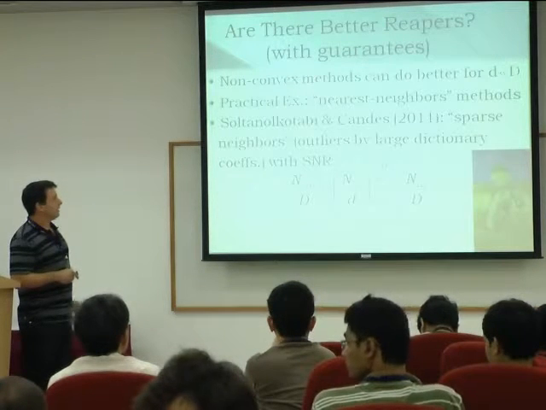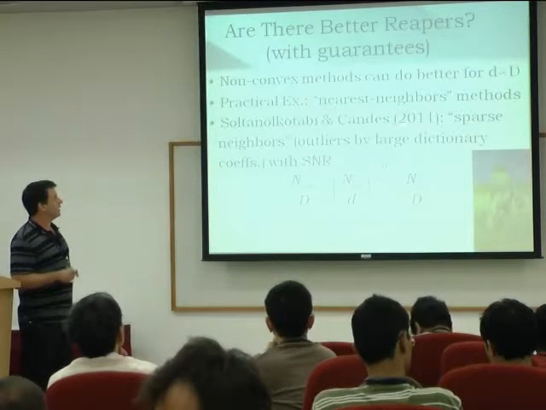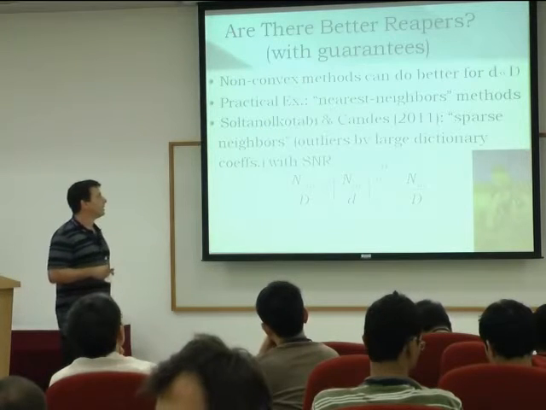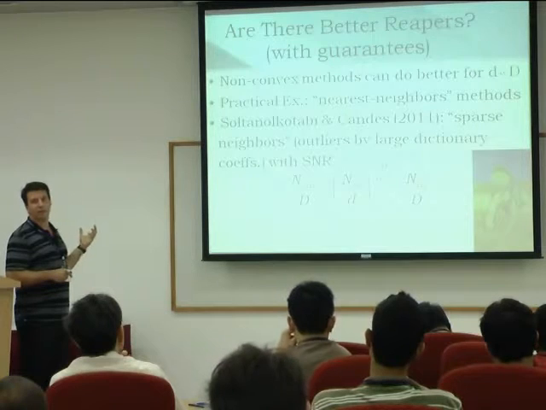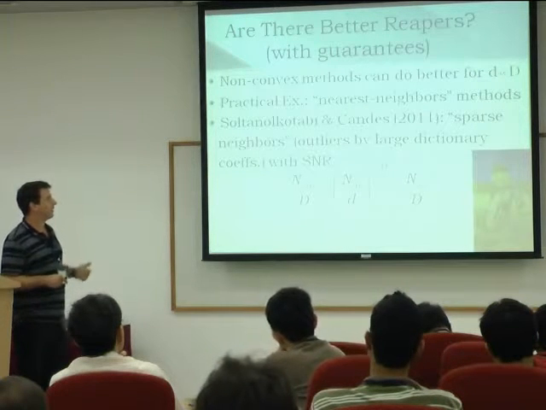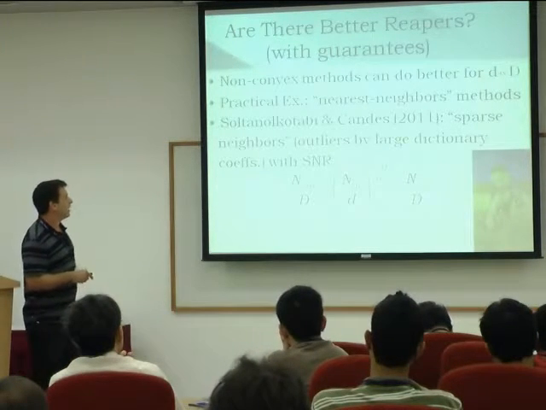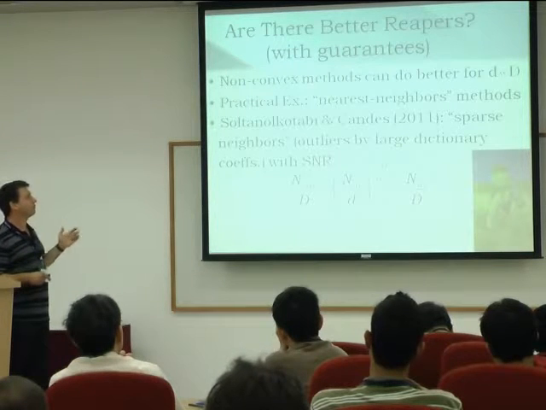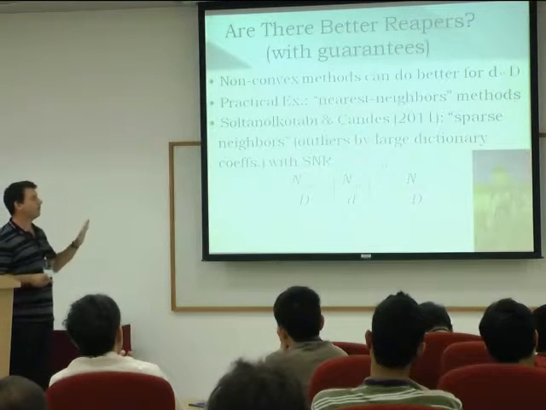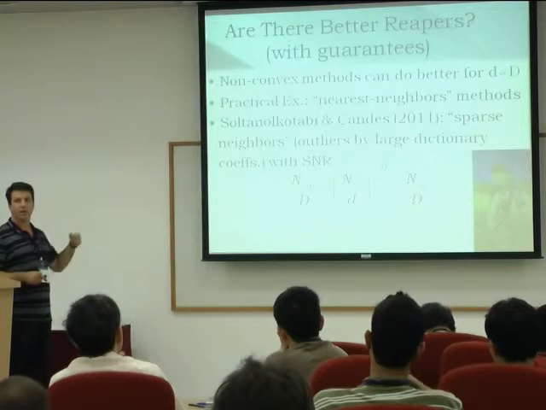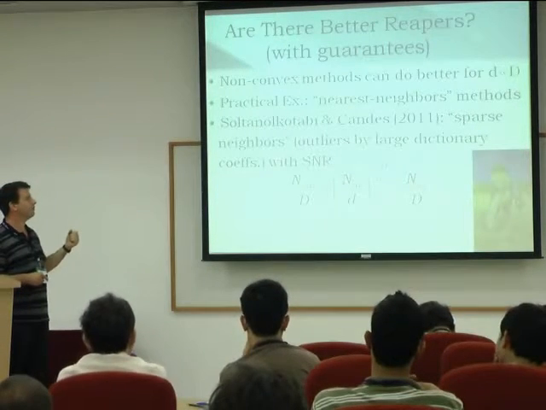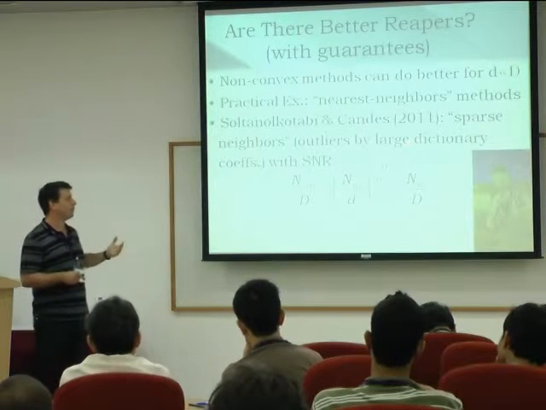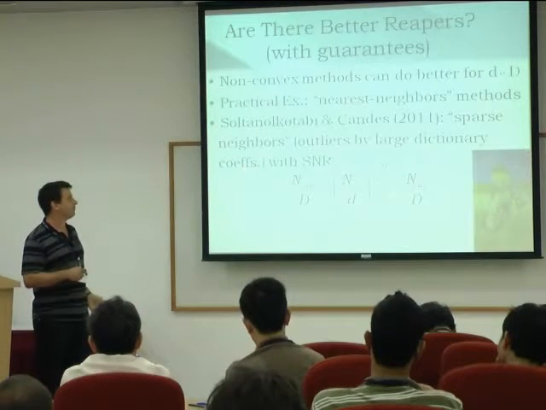Another idea with proofs is by Soltanolkotabi and Candes, where instead of looking at nearest neighbors, they look at sparse neighbors. You express the data points by a large dictionary, where the data points themselves are the dictionary, and look at the coefficients, and you can recognize outliers by large dictionary coefficients.